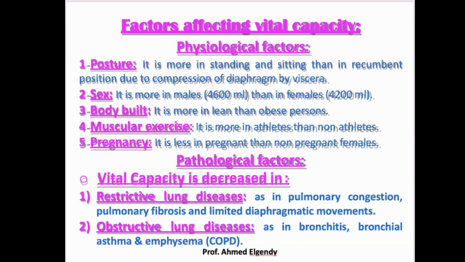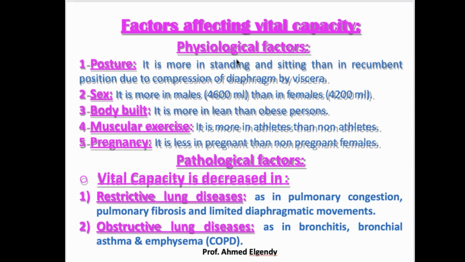All right. What are the factors that affect the vital capacity? These are the physiological factors. Posture: vital capacity is more in standing and sitting than in the recumbent position, due to the compression of the diaphragm.